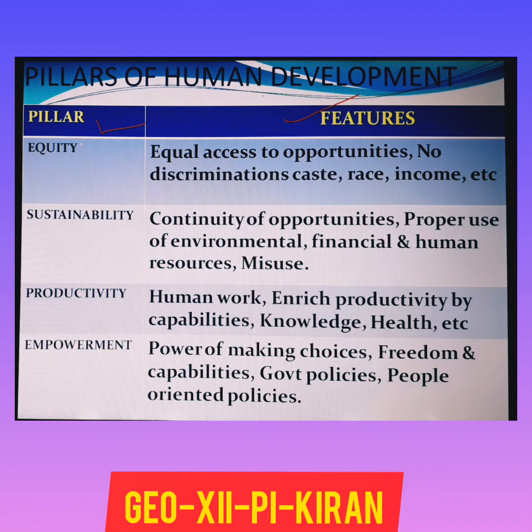The first pillar is equity. Equity means equality. There should be equal access to opportunities. All the people should have equal opportunity of education and equal opportunity for health services.